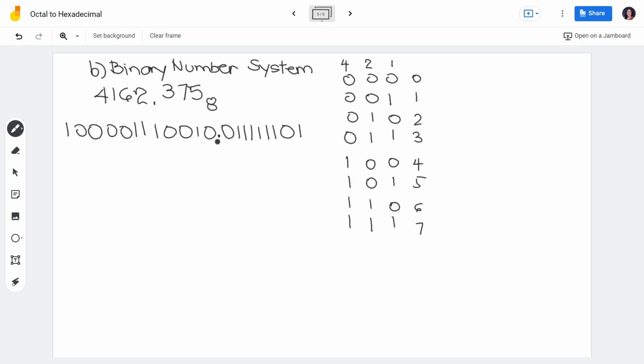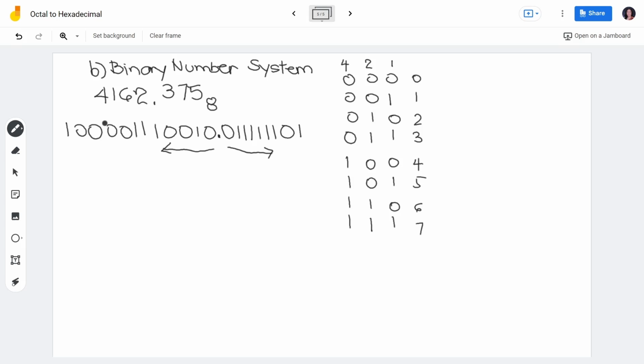But we're not going to start anywhere; to start our groupings, you have to consider our radix point. The radix point is our point of reference. For grouping the integer part, go from the radix point to the left, and for the fraction part, go to the right.